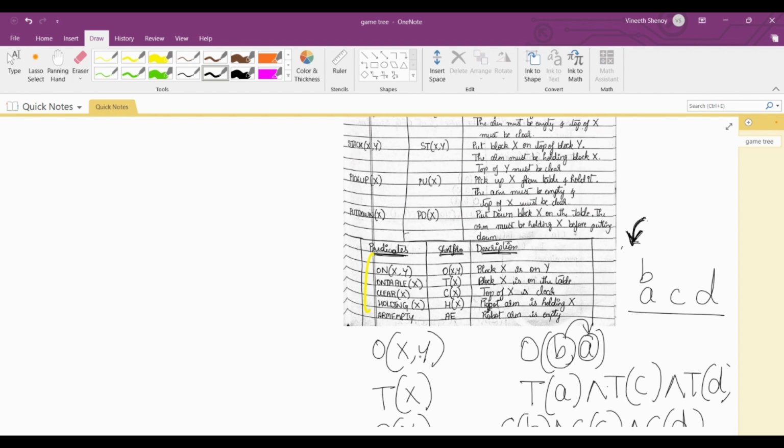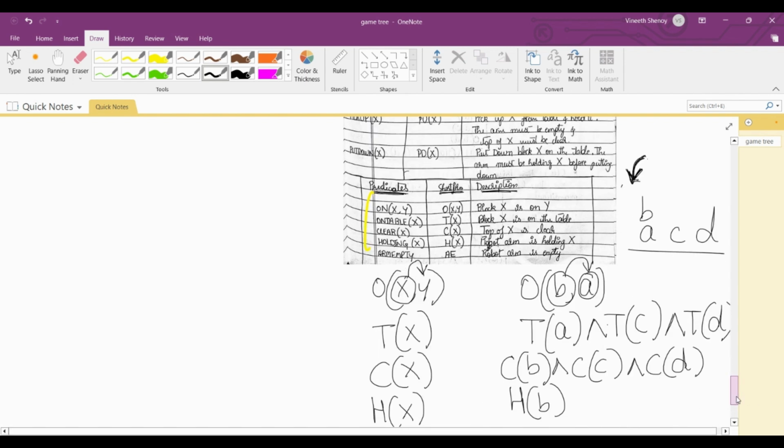So these are the five predicates. O means on, T means on table, C means clear, H means holding, and A means arm empty. O of x comma y has two variables x and y, which means block x is on top of block y.